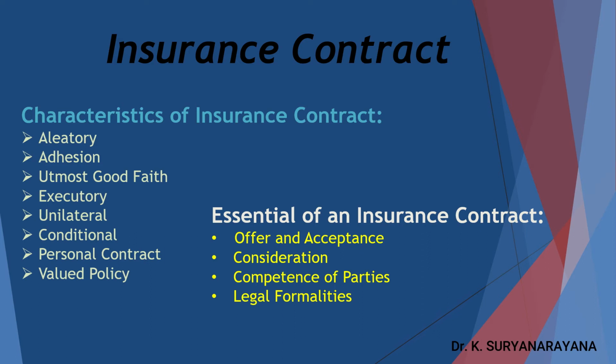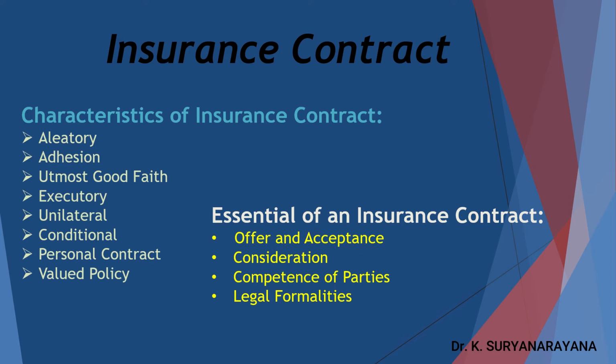To make an agreement, there should be two different parties, that is, insurer, the company, and the insured, the individual. The applicant for insurance makes the offer and the company accepts the offer.